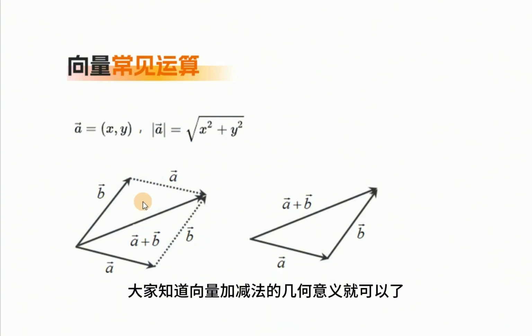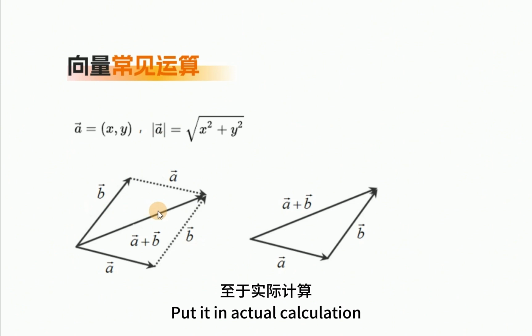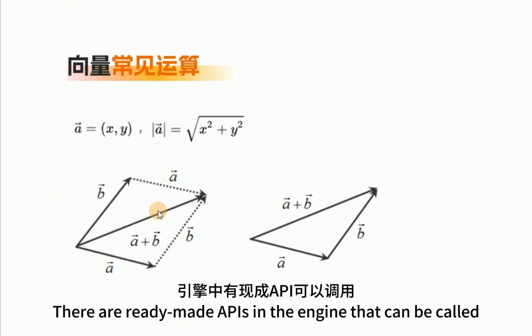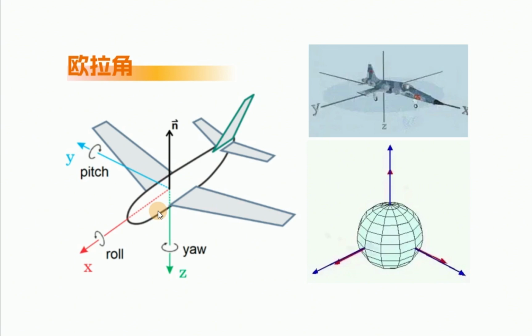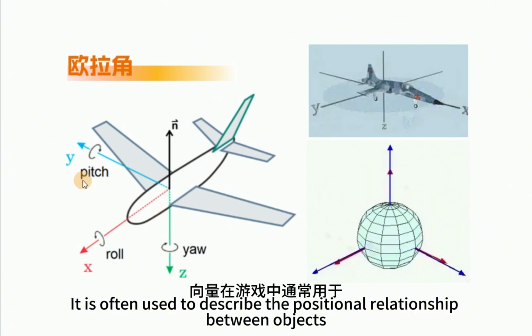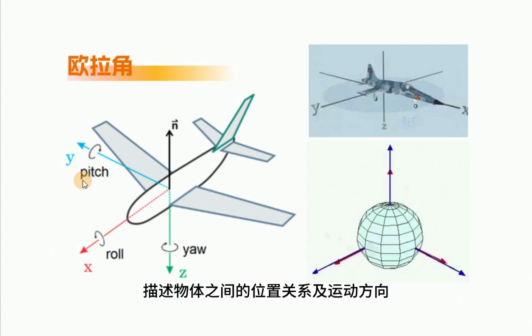That's it. In actual calculation, there are already APIs made in the engine that can be called. Vectors in the game are often used to describe the positional relationship between objects and the direction of motion.